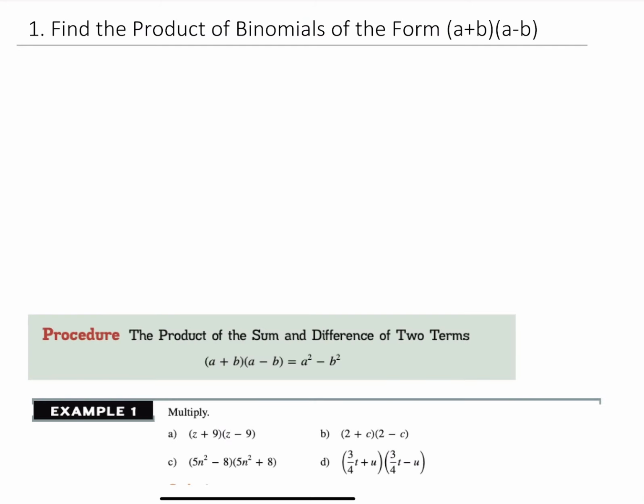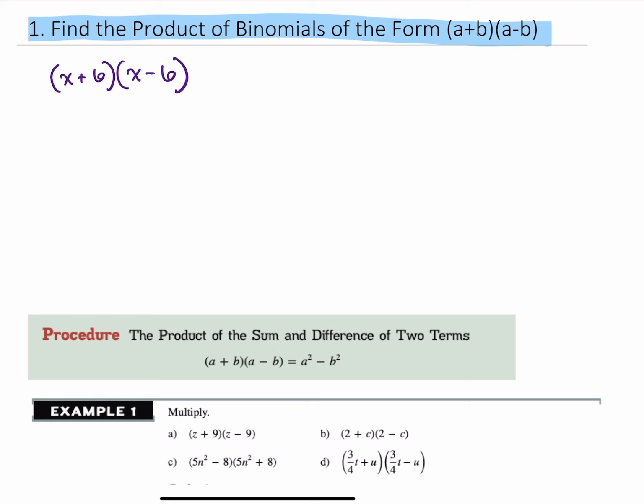So let's first take a look at polynomials multiplied of this form, a plus b times a minus b. A simple example would be something like x plus 6 times x minus 6.